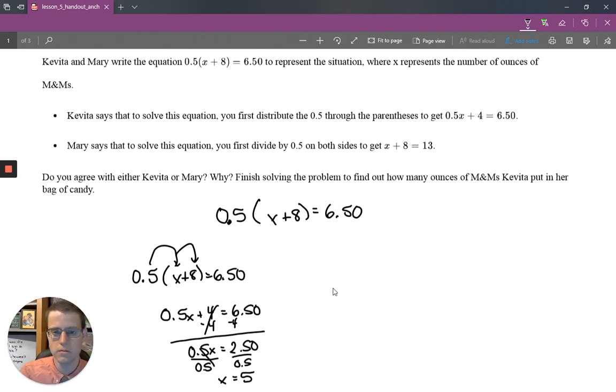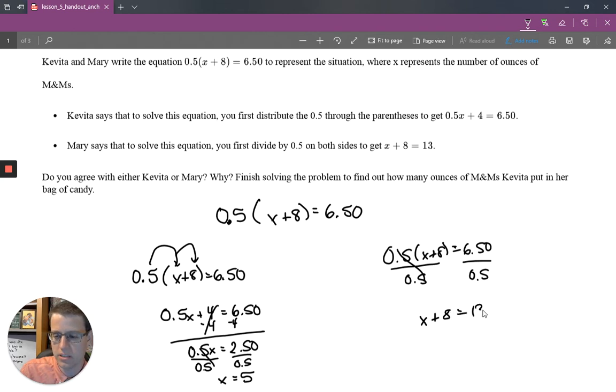Okay, well, what about Mary? Mary's saying you divide first. Well, if we go back to the original, we're going to divide by 5/10 first. And so we get x plus 8 equals that 13, and she solved that correctly.